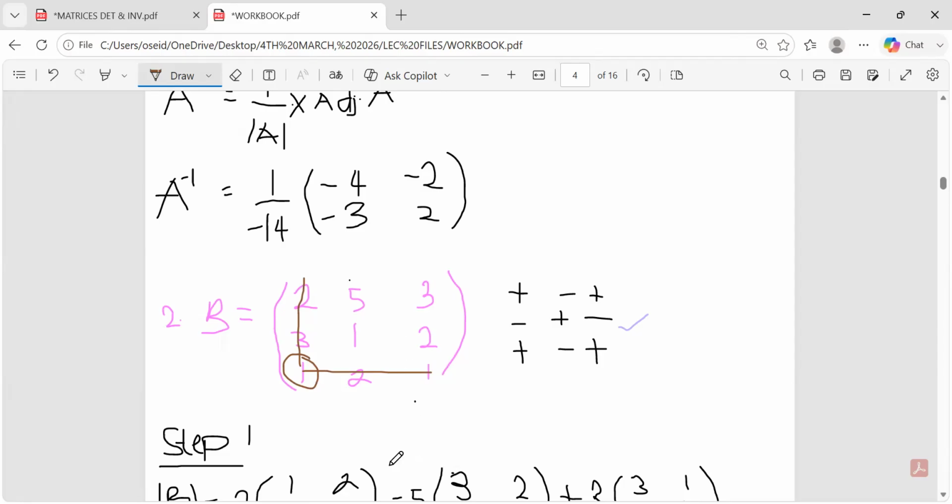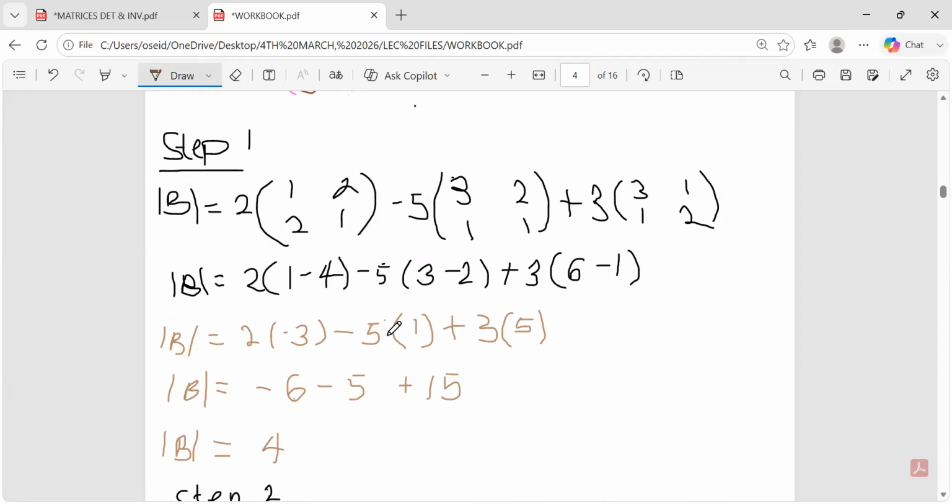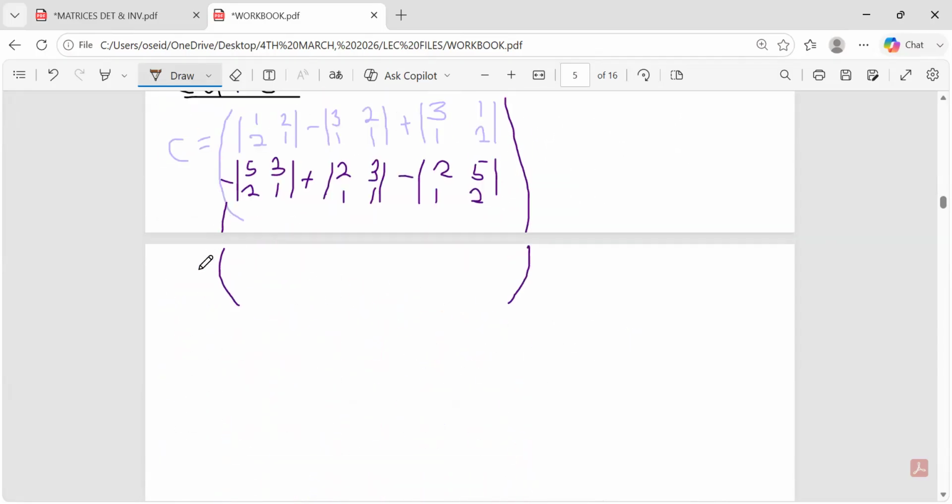And on the third row, the cofactor sign says that the first component is positive, the second is negative, and the third is positive. We are going to get positive 5, 3, 1, 2.